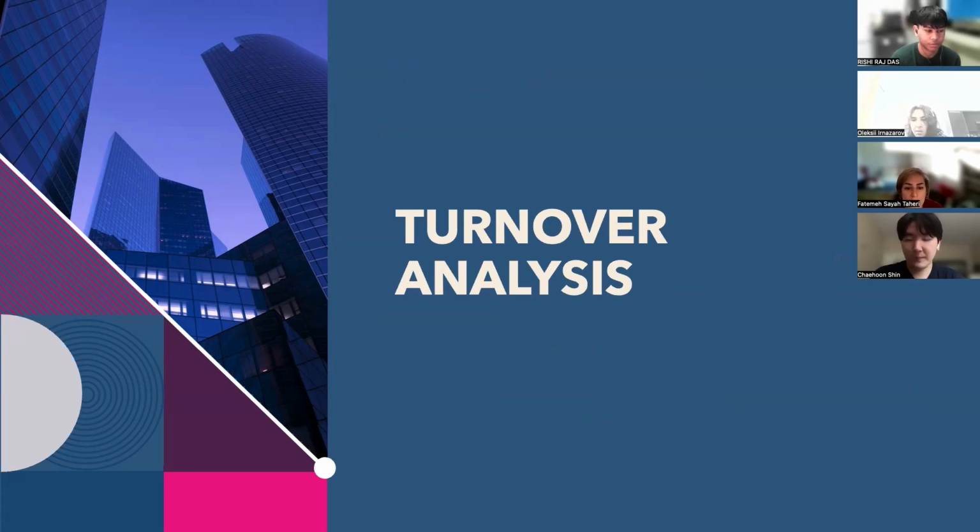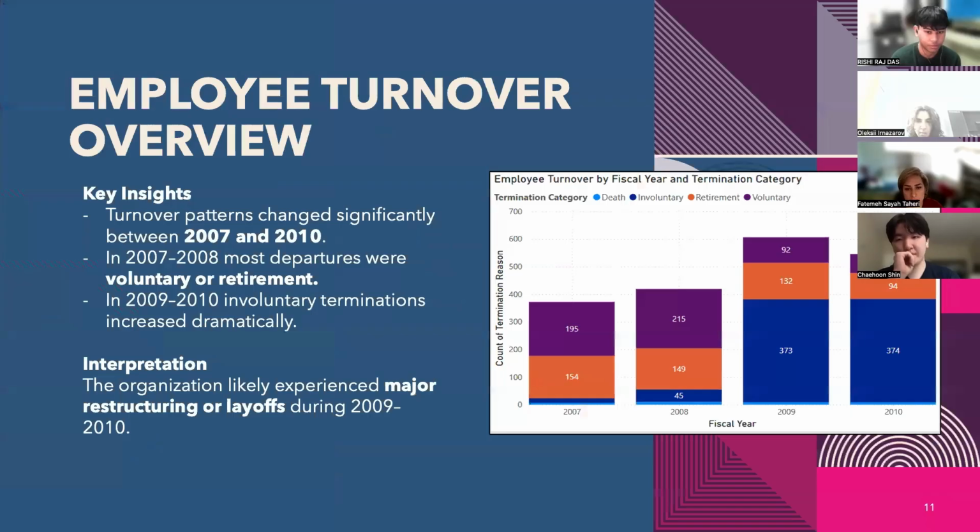Thank you. Hello, Professor. Here we have employee turnover analysis. In this section, we analyze employee turnover trends between 2007 and 2010. The data shows that in 2007 and 2008, most employees left voluntarily or through retirement, which reflects a normal workforce retirement movement.